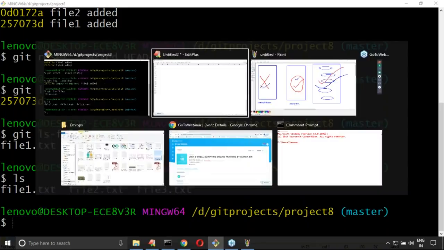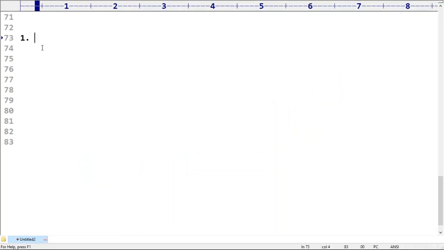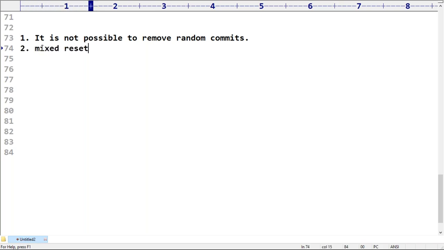Next, take very special care about this one. So we removed, right? Now, can you please confirm: is it possible to remove random commits? It is not possible to remove random commits. Next, mixed reset will remove changes from the local repository and staging area.